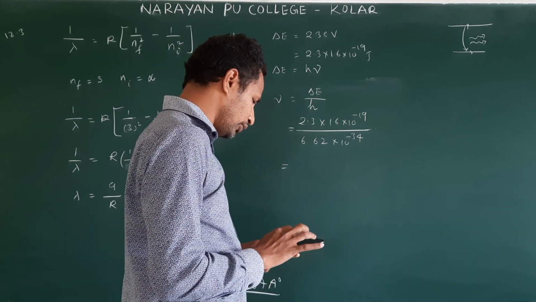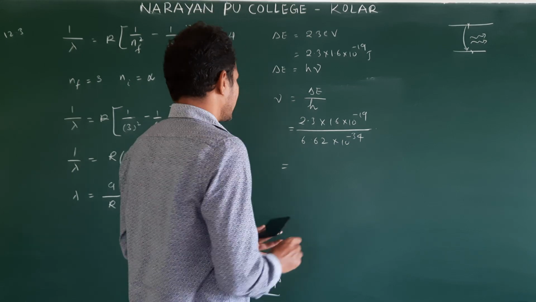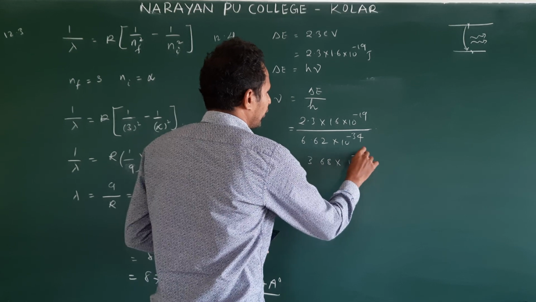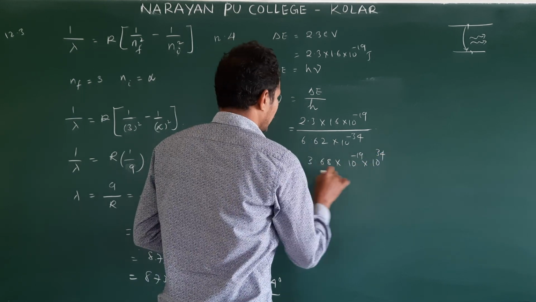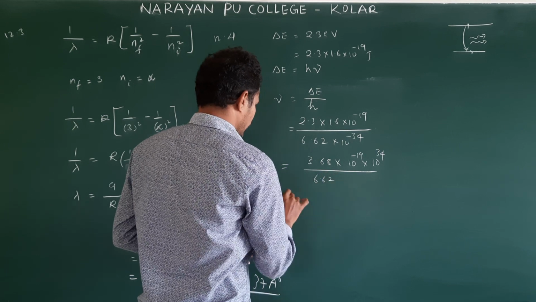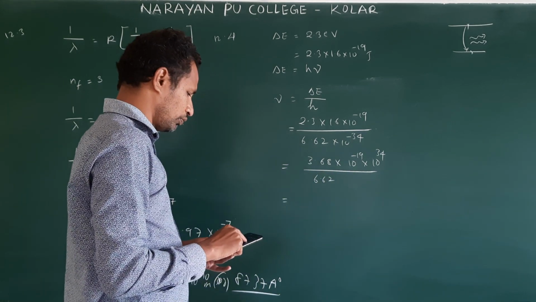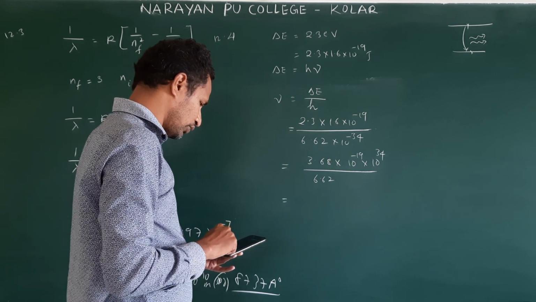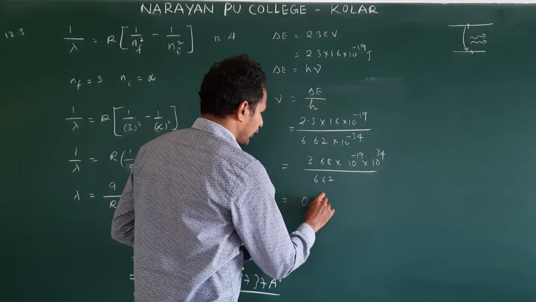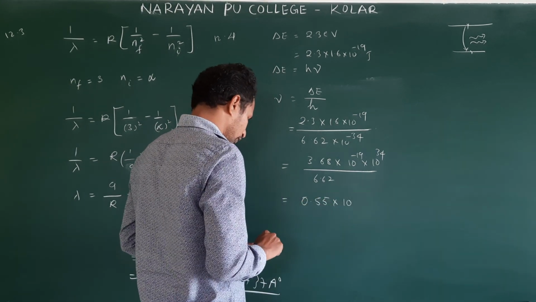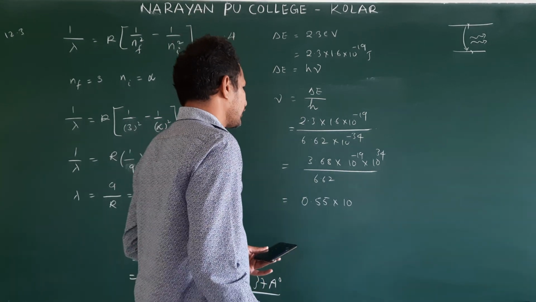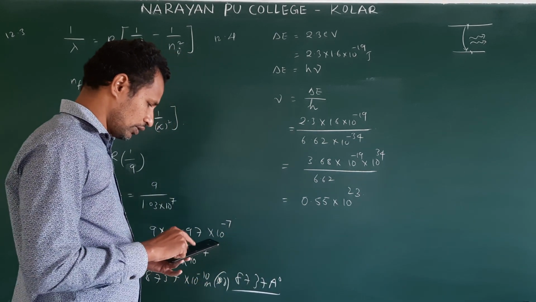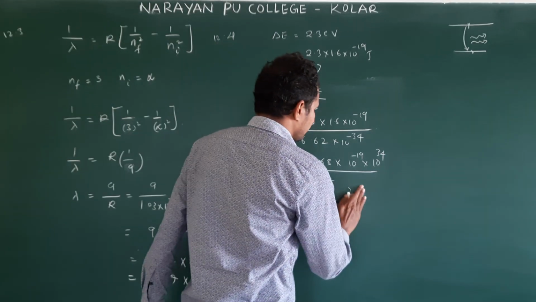Okay, 2.3 into 1.6 is 3.68. So 3.68 into 10 power minus 19 into 10 power 34 by 6.62. 3.68 divided by 6.62 is 0.55 into 10 power 34 minus 19, that is 15. Am I correct or not? It is 10 power 15.